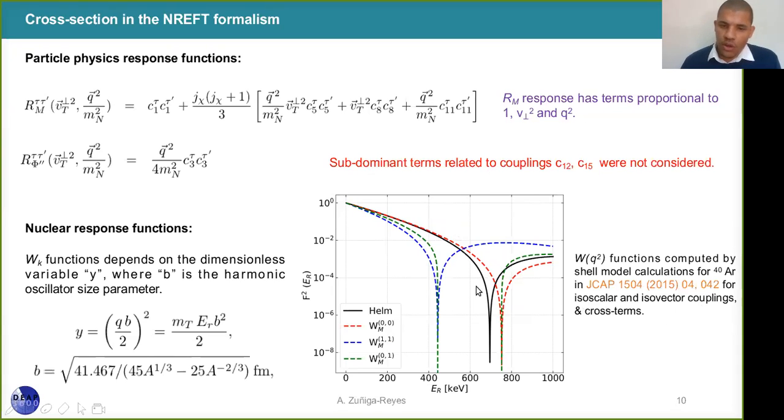And in this plot, I wanted to show a comparison between the Helm form factor and the WM response. And we can say that both are pretty similar at low recoil energies. That is the range in which we are interested.